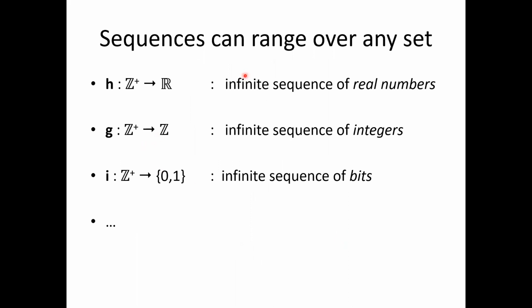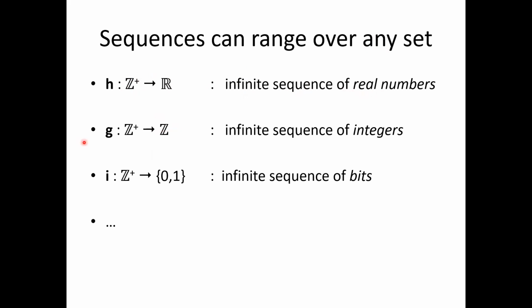So range is any set, right? It's the domain of the function that makes it a sequence. It has to be consecutive integers. The range is whatever. For example, if the range is reals, then we're talking about infinite sequences whose elements are real numbers.